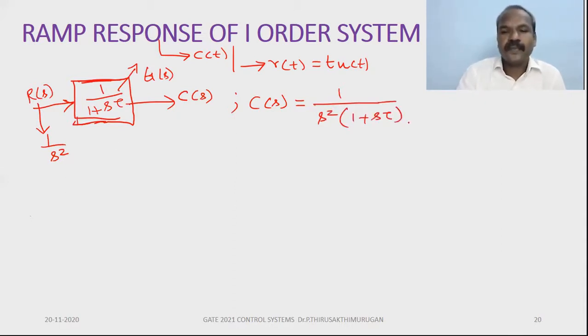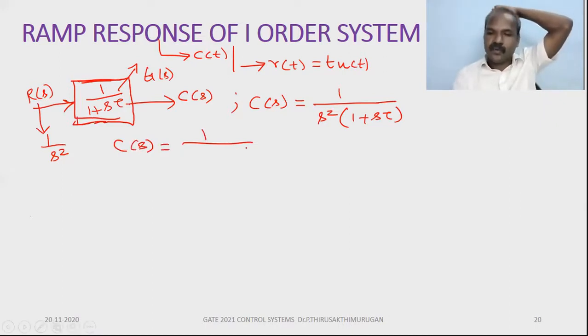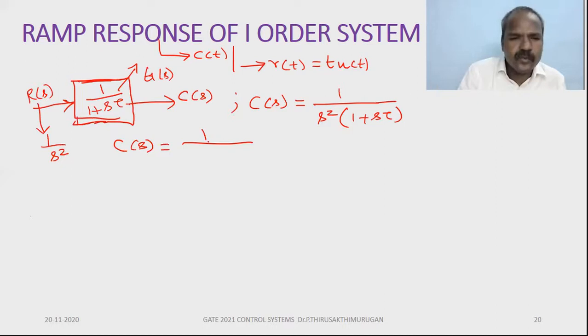Now we can convert this time constant form into pole zero form. Understand? So C of s equals 1 by, we take tau as a common term from the denominator, so it goes to the numerator, right?